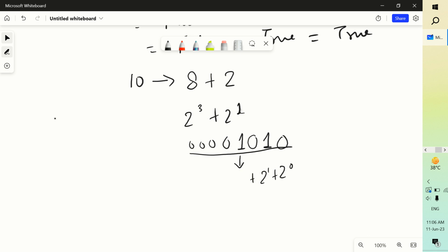Then at third place it is 0. At fourth place it is 1, so it becomes 4. Sorry, there it won't be 0. Okay, this is incorrect.